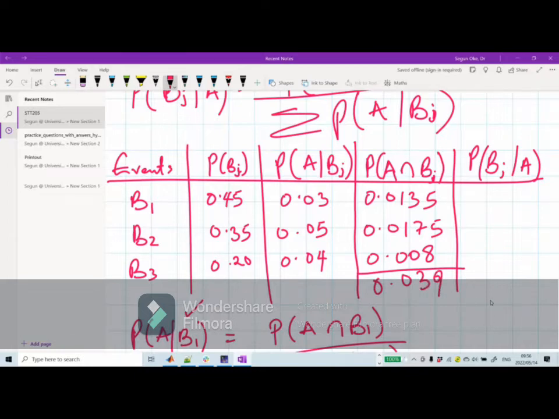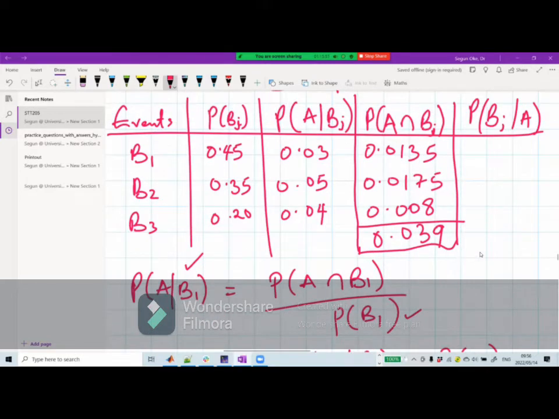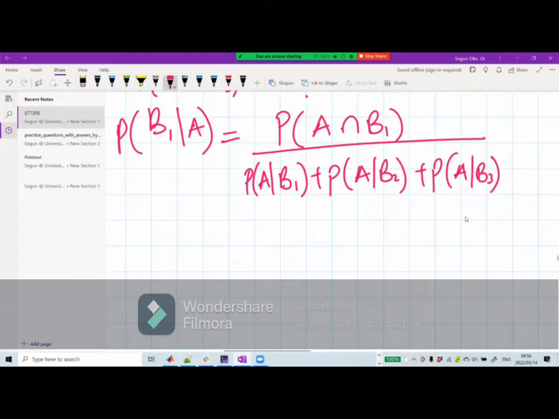Okay. Now what you need to do is, we have the summation here. For us to solve this one, we are calculating the first one.